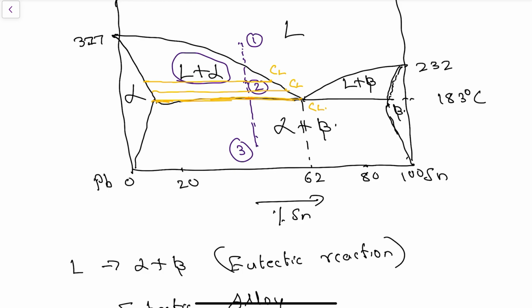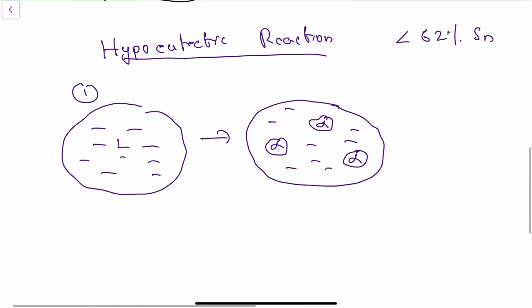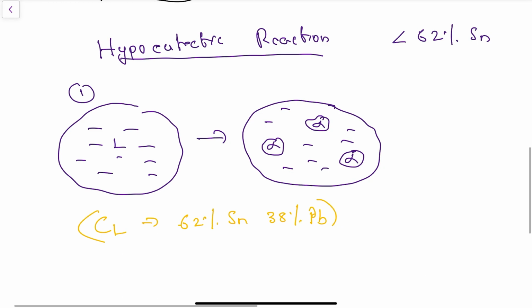Finally at 183 degrees Celsius, if you check the composition of the liquid, it will be 62 percent tin and 38 percent lead. You know that this is the eutectic composition.